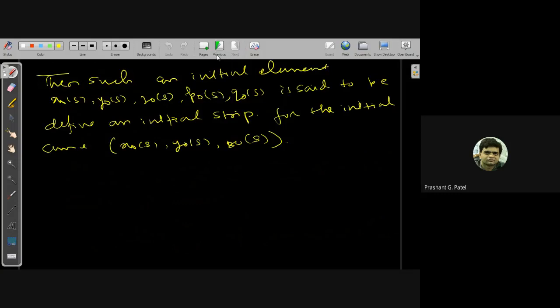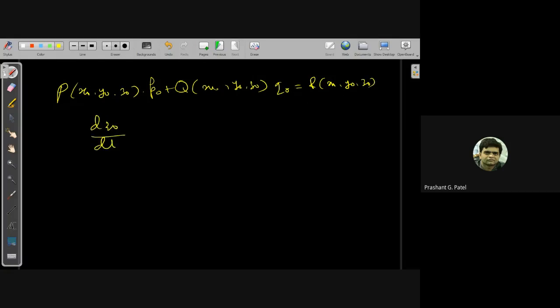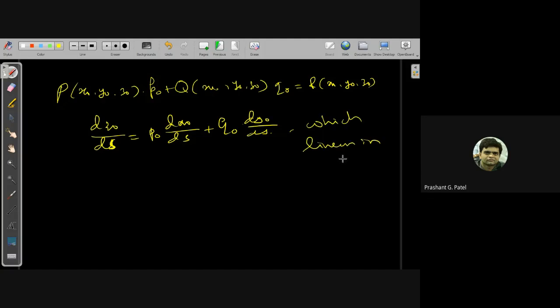We should note here that in the quasi-linear case, equations 1 and 2 reduce to P(x0, y0, z0) into p0 plus Q(x0, y0, z0) into q0 is equal to R(x0, y0, z0), and dz0/ds is equal to p0 dx0/ds plus q0 dy0/ds, which is linear in p0 and q0.